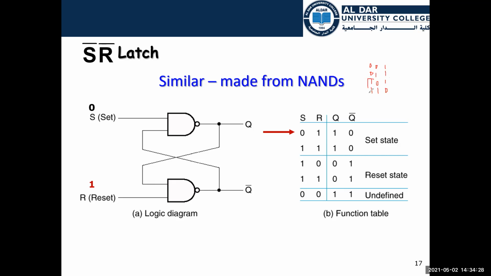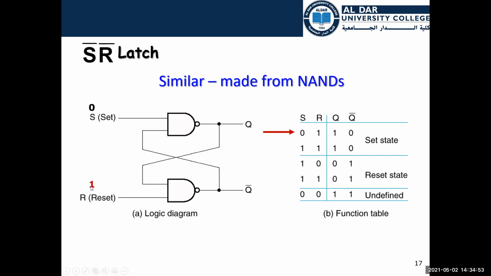If we have 1, we have an inverter. If we have 0, the output will always be 1. I have written it on my paper here because I should remove it to move the slides.